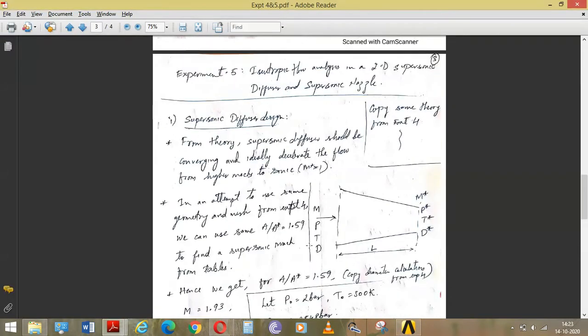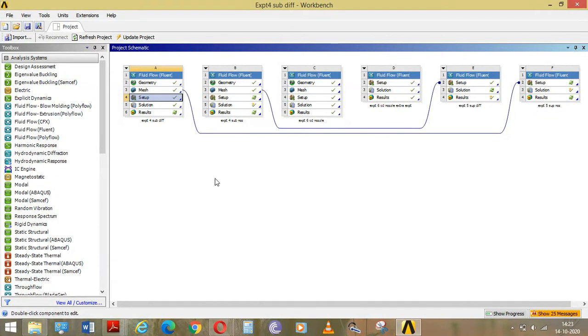So this is the supersonic diffuser, experiment 5. You can see here, I have taken the same geometry used for experiment 4, including the mesh. And you can see how I have connected it. The subsonic nozzle, which is converging, has to be connected to the supersonic diffuser.